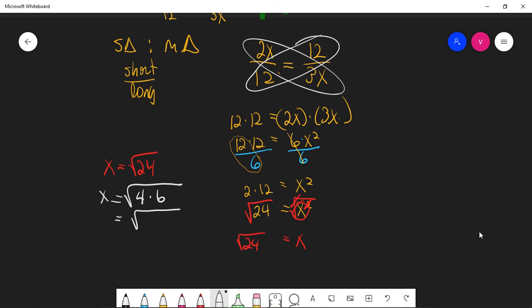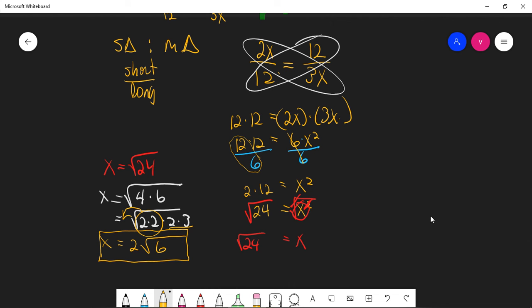Okay, 4 is the same as 2 times 2, and 6 is the same as 2 times 3. Here is a pair of 2s, so that can come outside here. So x is equal to 2 times the square root, and then you're left with 2 times 3, which is 6. And that is your answer there, okay?